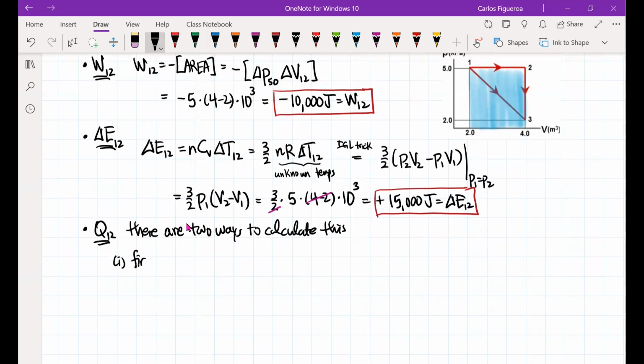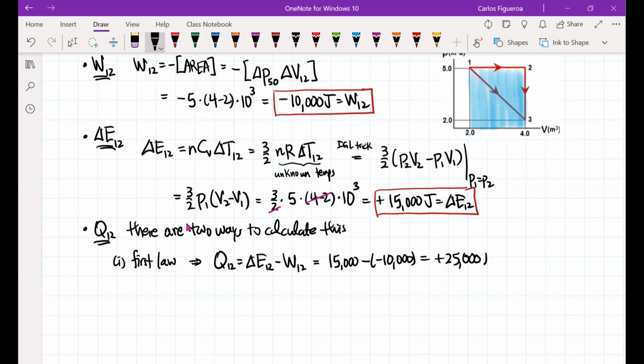If you use the first law, that tells you that Q12 should be the change in internal energy 1 to 2 minus the work between 1 and 2. If we punch in these values, we have 15,000 minus minus 10,000, which then gives us plus 25,000 joules, and that's the heat between 1 and 2. Okay, that's one way that you can do it.